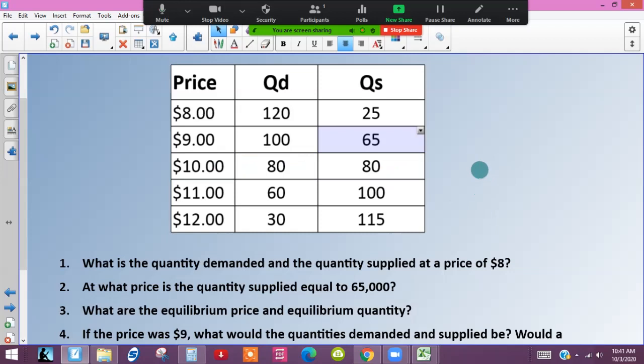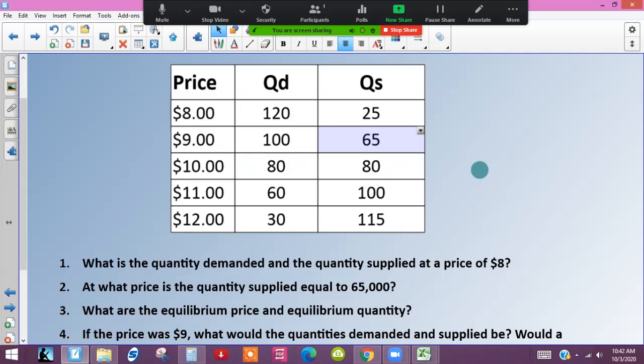Now, once again, I said where supply equals demand, and you'll hear that a lot, but technically the correct terminology is where quantity demanded equals quantity supplied. Because if we're really being picky here, if supply equaled demand, then the two curves would be exactly the same, right?